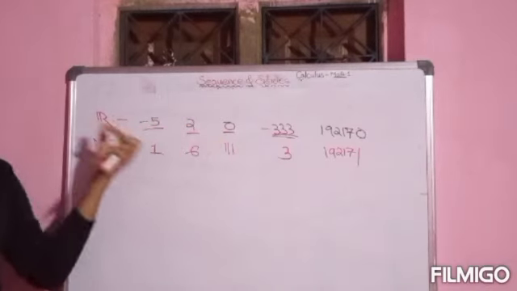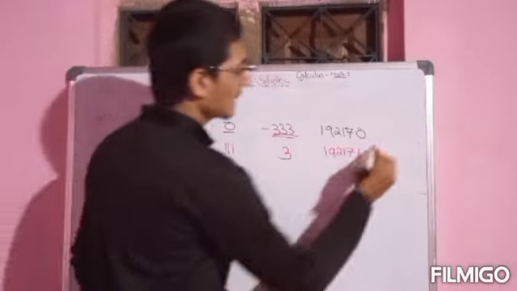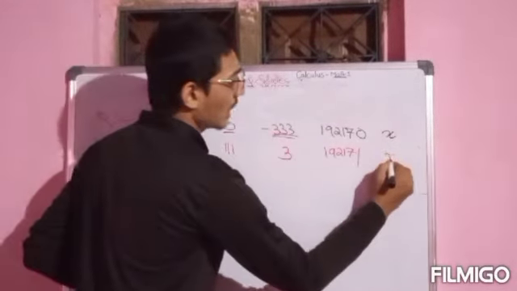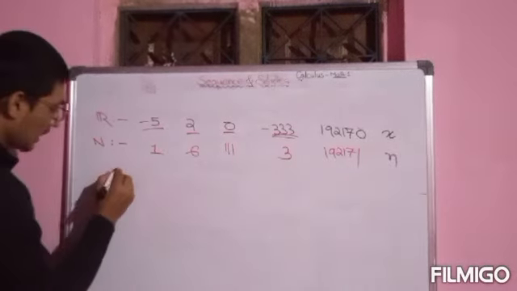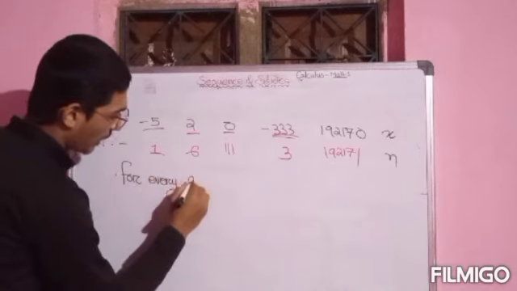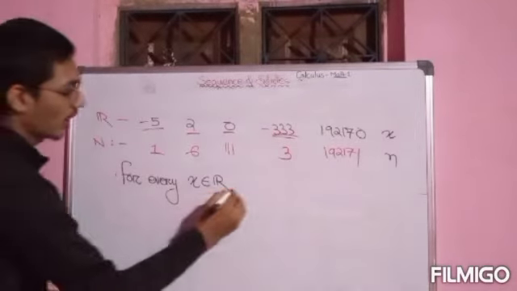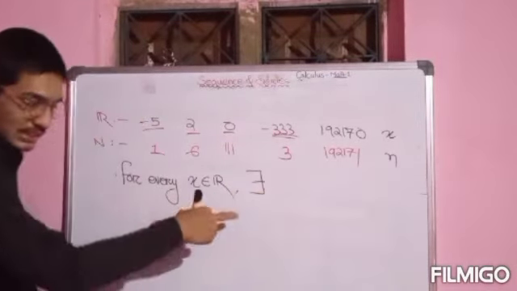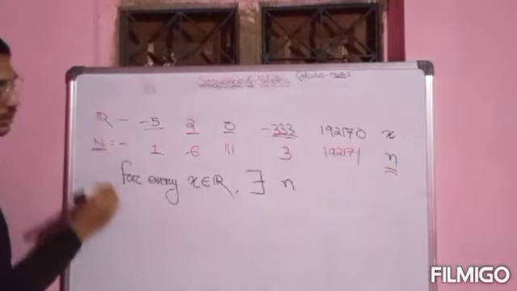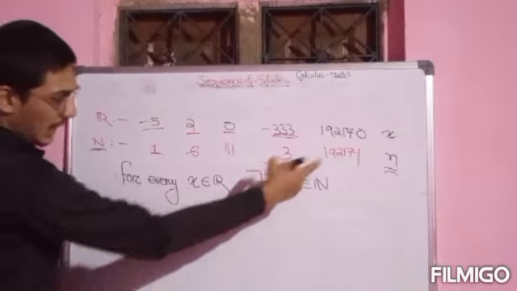I just took 5 examples; you can take any number of examples. So in general, if x is a real number and n is a natural number, I can say for every x belongs to R, there exists (this symbol denotes there exists) a natural number n such that n is greater than x.